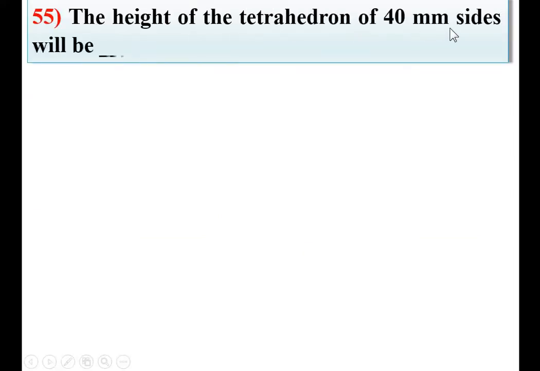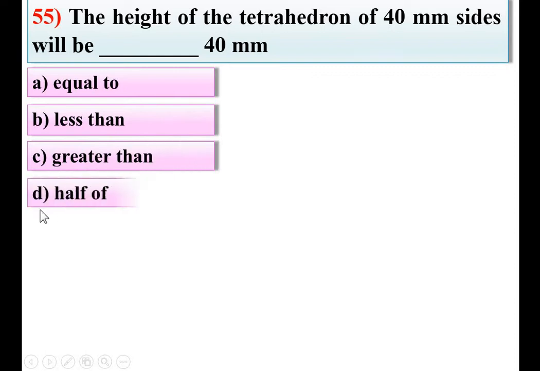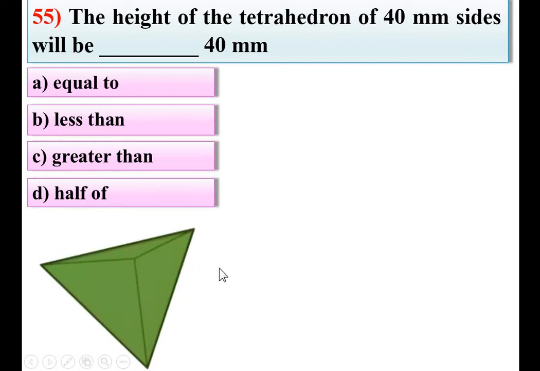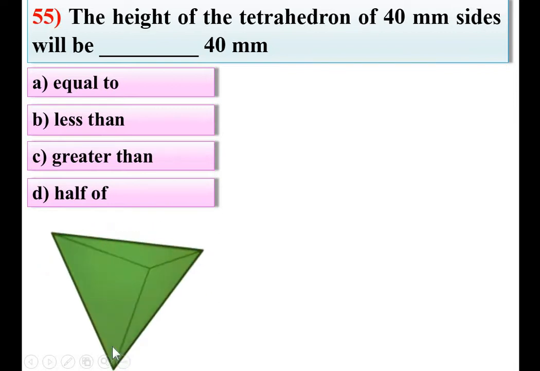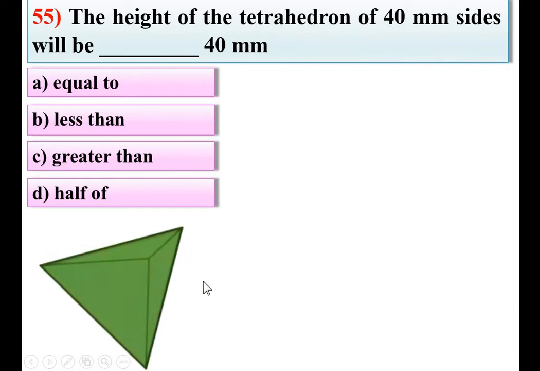Next, the height of the tetrahedron of 40 mm sides will be blank 40 mm. Option: equal to, less than, greater than, half of. So first consider the tetrahedron. So this is the tetrahedron having 4 equal triangular faces.